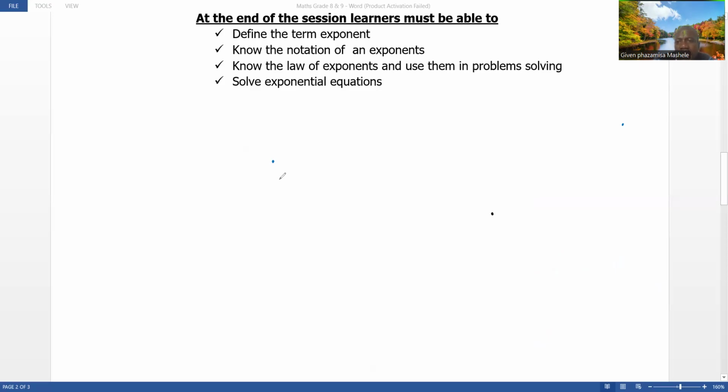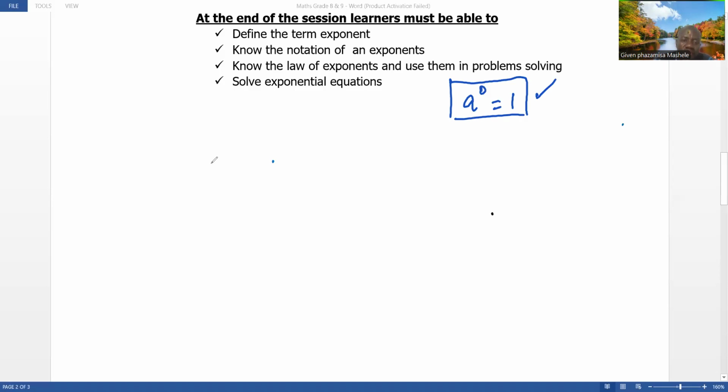And any number to the exponent of 0 is always 1. And also the case of dealing with negative exponents. Because sometimes in the exam, they can say, simplify the following, then they want you to use the exponents.